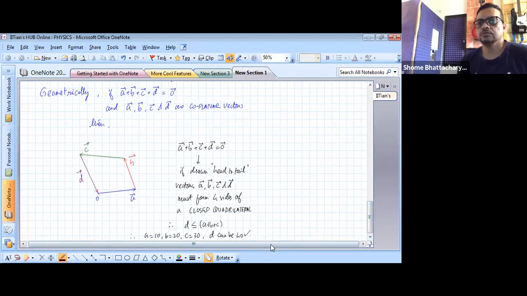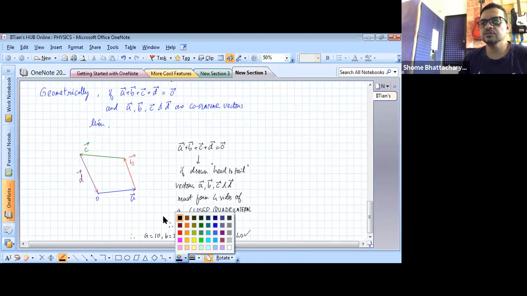Okay. Also, you can see the way we have done it logically. We have just introduced an extra vector in between over here, which was the sum of A and B. That was this. So you can see that we were applying triangle law twice by involving this.